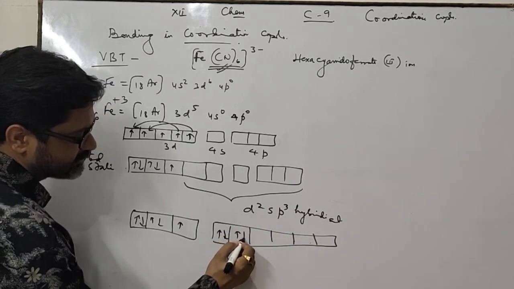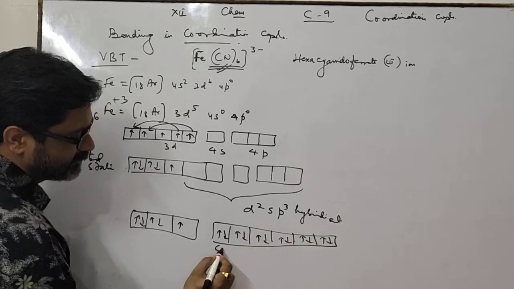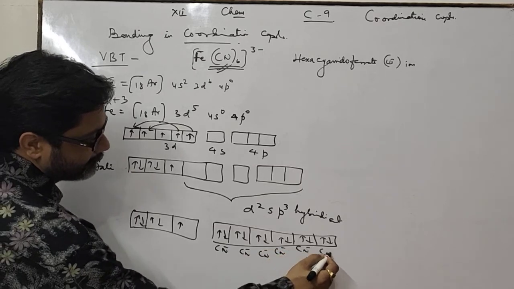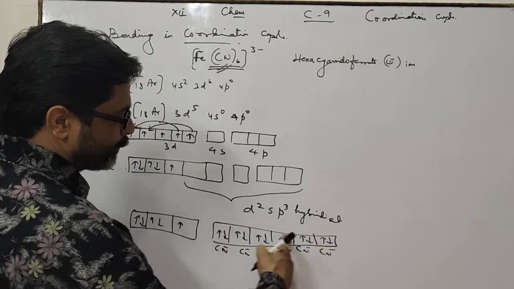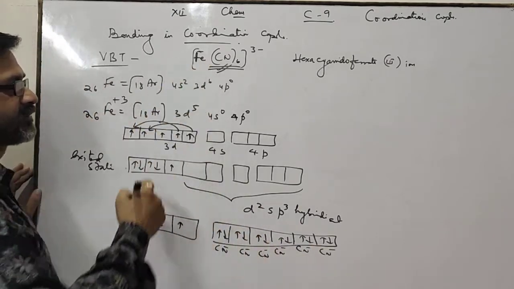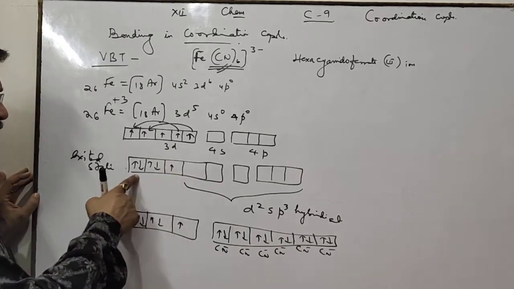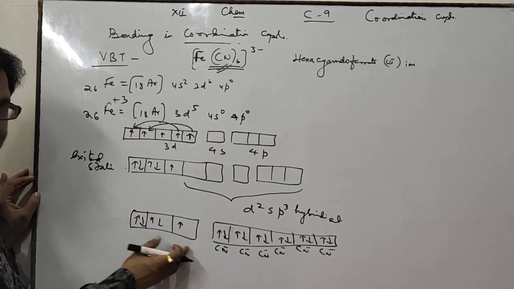These 6 orbitals contain electron pairs of CN-, which is the ligand. The 6 lone pair electrons given by CN- are arranged in this way, and here the 3 orbitals are cut off from these orbitals and separated like this.